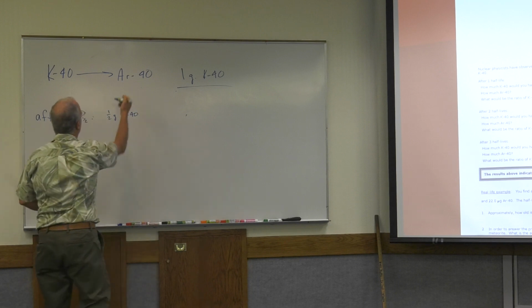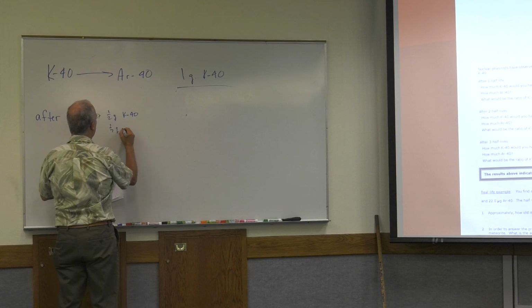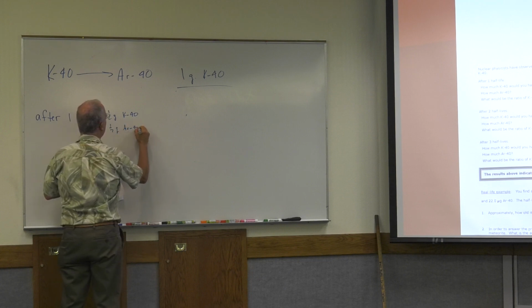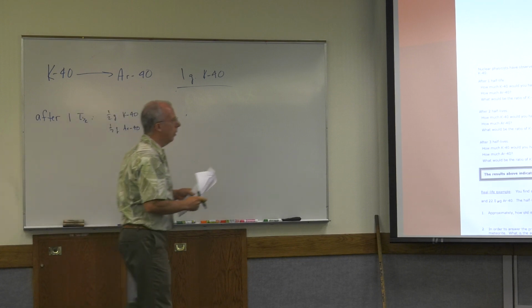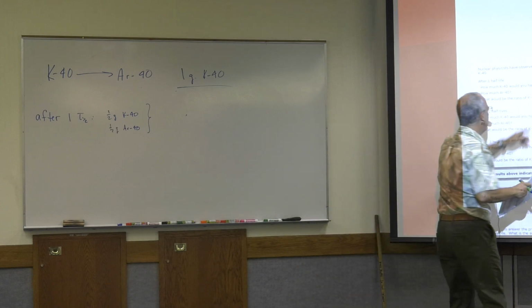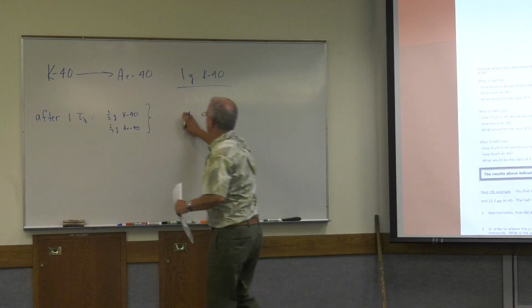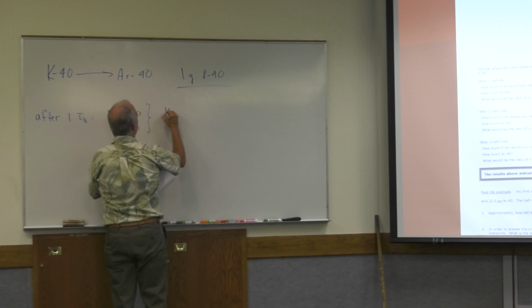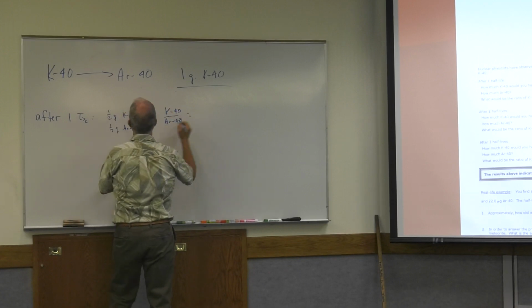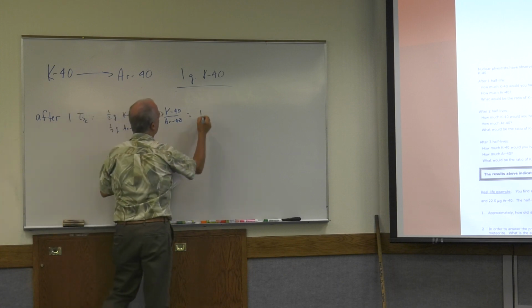It became argon. So we have 1/2 gram of argon-40. So what's the ratio of K40 to argon-40? It's 1/2 divided by 1/2, which is 1.